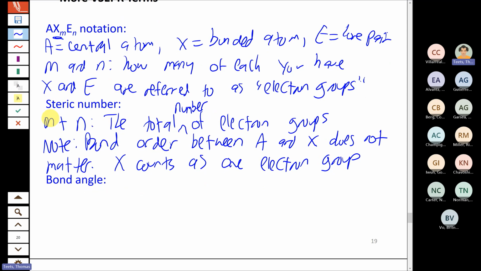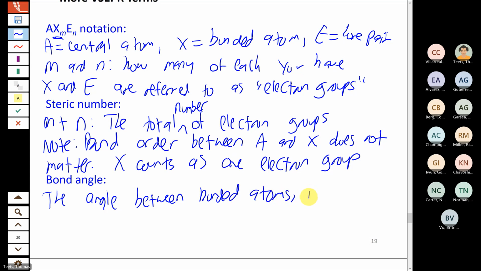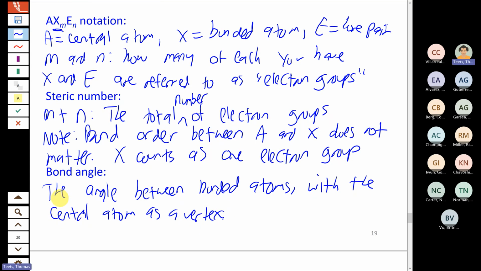Another important term is the bond angle, which we're going to classify these structures in terms of. This is the angle between two bonded atoms with the central atom as the vertex. As an example, one thing that VSEPR will allow us to do is predict that water, H2O, has a bent shape.